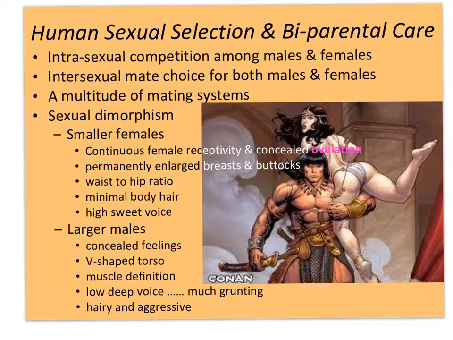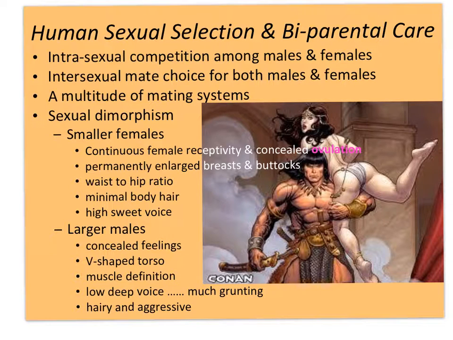Whereas human females ovulate only once a month, but they're still receptive to having sex all the time. Of course, females have sexual secondary characteristics, including permanently enlarged breasts. Other mammal females don't do that.